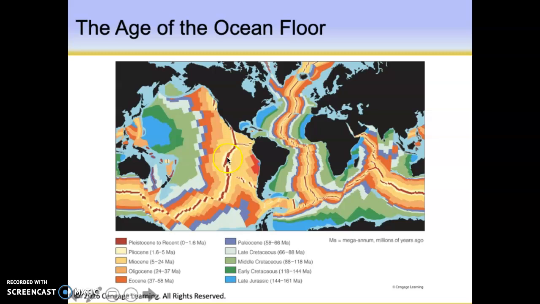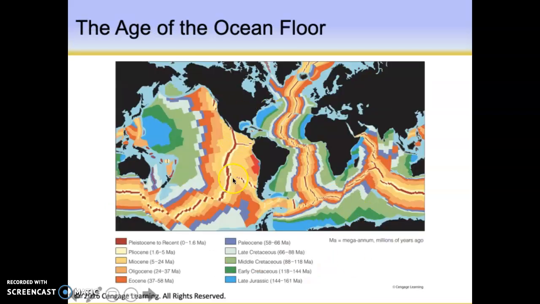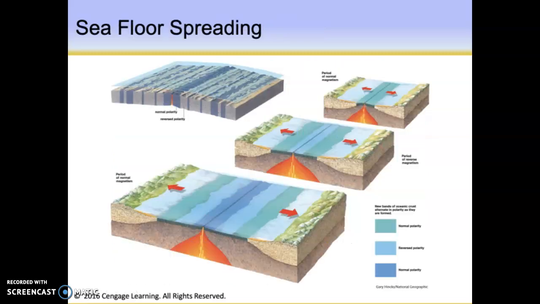And over time, that new crust moves away, becomes older, and it moves away symmetrically. It moves away on either side. And this is the picture that they show you in the book of what's going on. Up here in the upper left, they show the magnetic stripes that we used to correlate the ages along the ocean floor. And this is how that all happens.